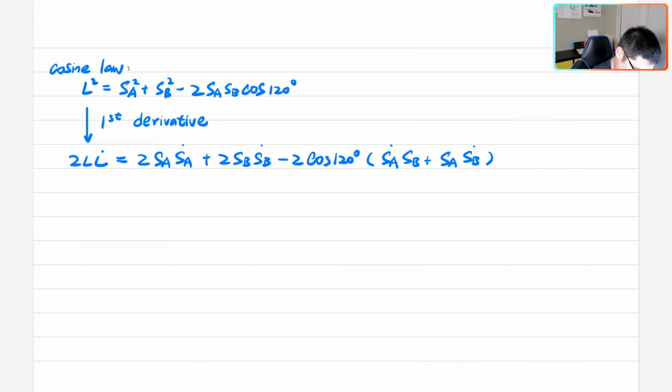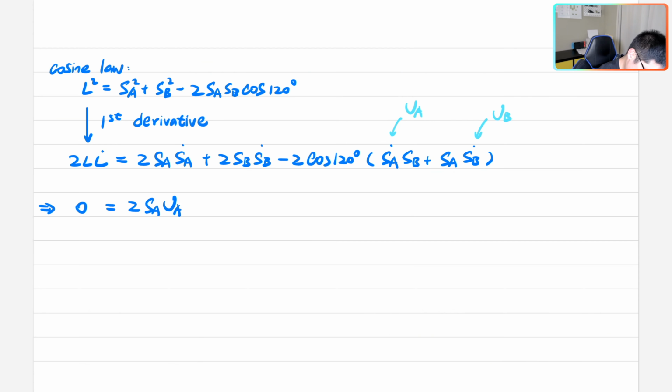Now, you should realize this is the velocity of A, and this is the velocity of B. Then we'll tidy up a little bit. Now we realize the L dot is 0. So we have 0 on the left-hand side. On the right-hand side, we'll have 2SA VA.